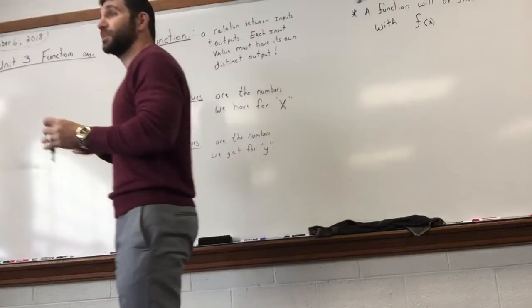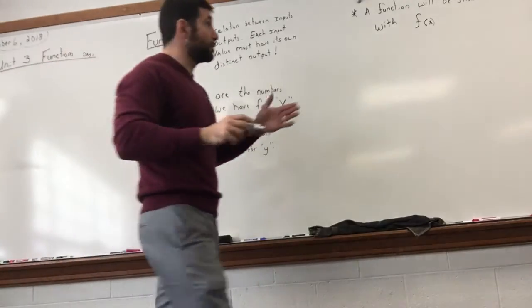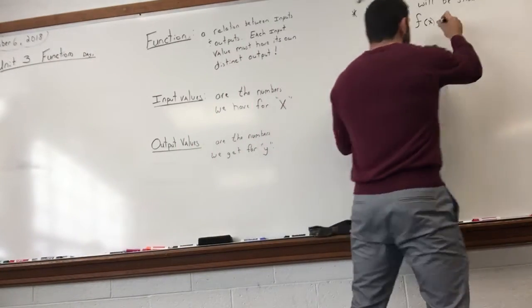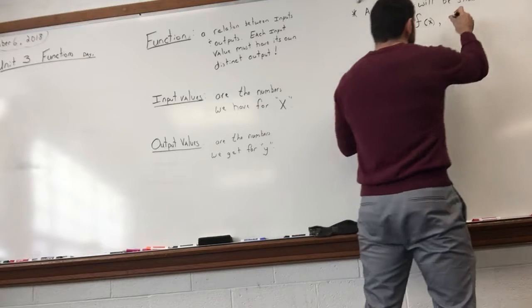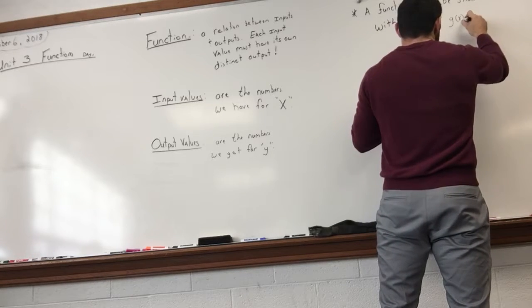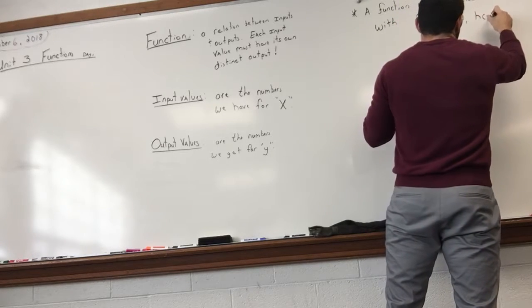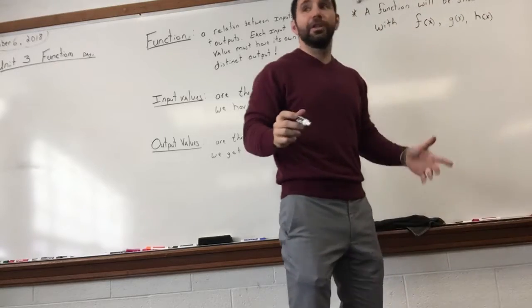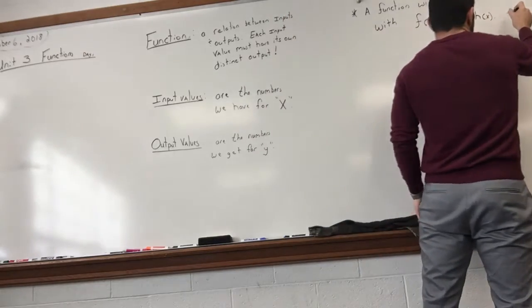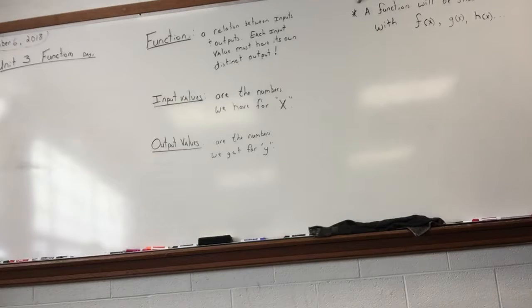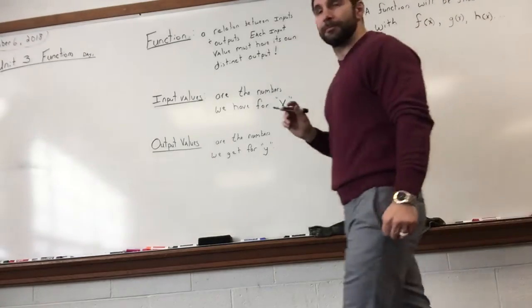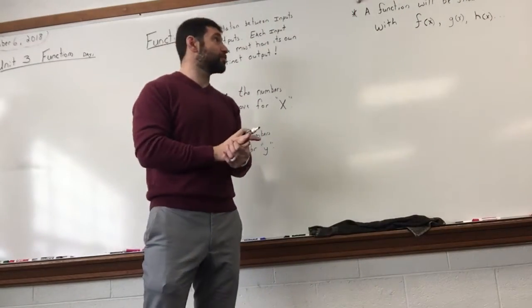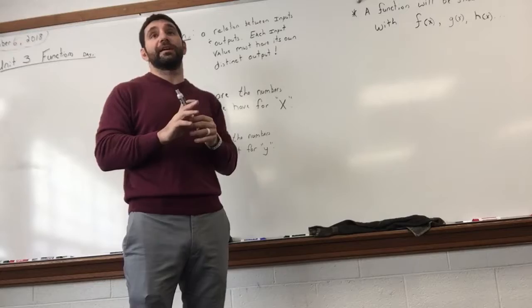That right there lets me know that it's a function. Does it have to be f of x? No. It could be g of x. It could be h of x. Any of those. Yes, sir. So it could be any letter of the alphabet. Besides y, yes. Okay? So we will know it's a function when we see f of x, h of x, g of x.